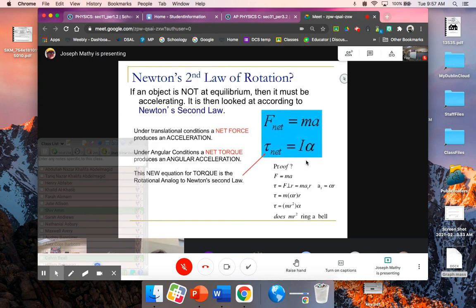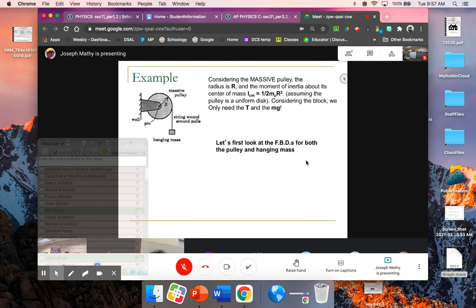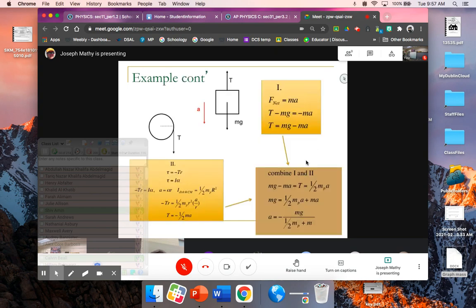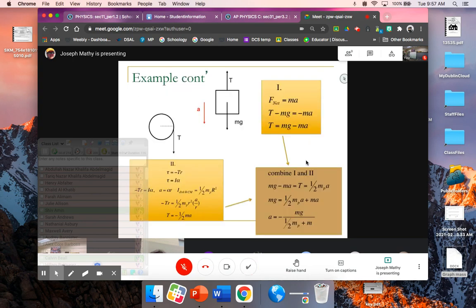Talked about the two conditions of equilibrium. We talked about how F equals ma is basically the same thing as torque equals I alpha. We spoke about Newton's second law of rotation and how it's good to find the calculation of an accelerated block falling down. And then we did free-body diagrams. And we came up with some really cool equations for this.